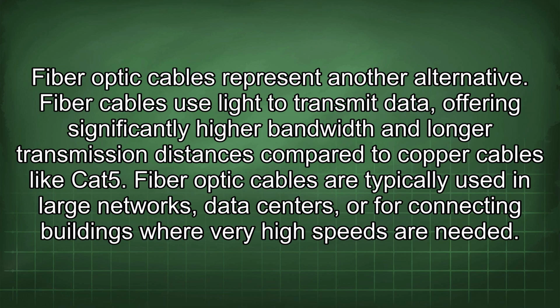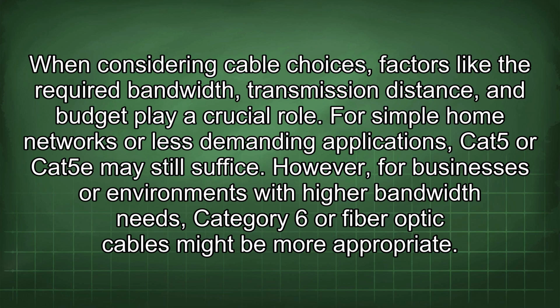Fiber optic cables represent another alternative. Fiber cables use light to transmit data, offering significantly higher bandwidth and longer transmission distances compared to copper cables like Cat5. Fiber optic cables are typically used in large networks, data centers, or for connecting buildings where very high speeds are needed. When considering cable choices, factors like the required bandwidth, transmission distance, and budget play a crucial role.